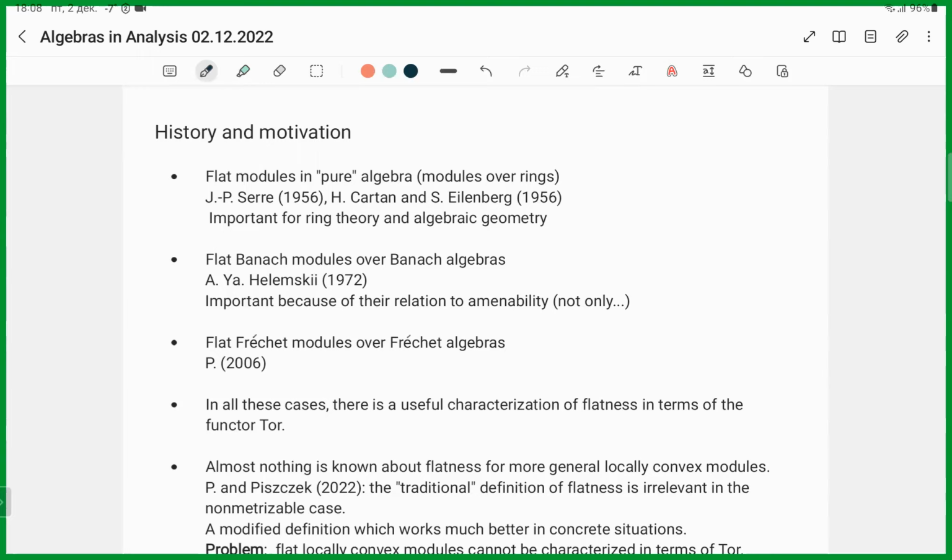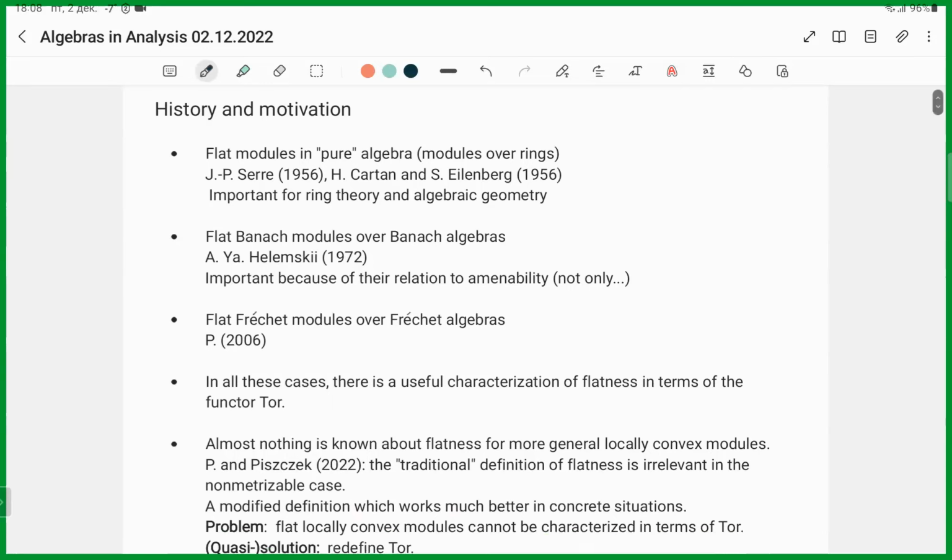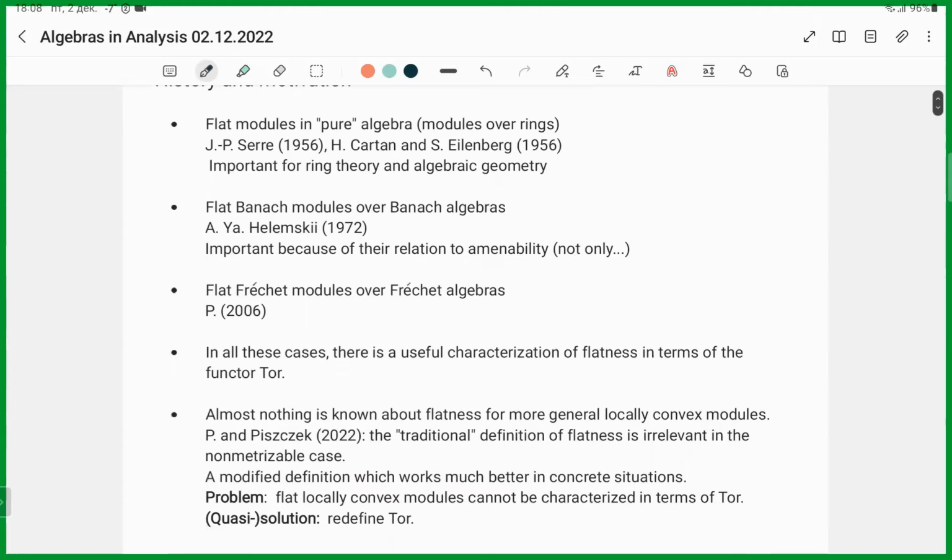Recently, in our joint paper with Krzysztof Piszczek from Adam Mickiewicz University in Poznań, we observed that the traditional definition of flatness, which is canonical in the case of Banach and Fréchet modules, is not very convenient in the non-metrizable setting. And we suggested a modified definition, which works better in many concrete situations. However, a problem with the new definition is that flat locally convex modules cannot be characterized in terms of the Tor functor.